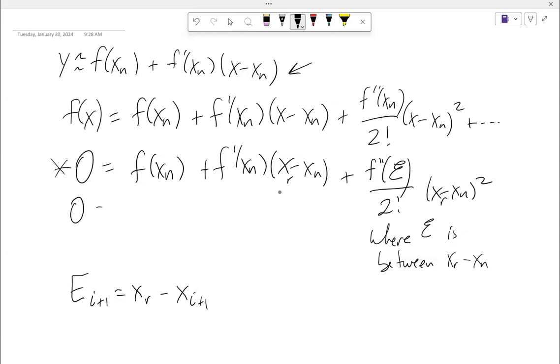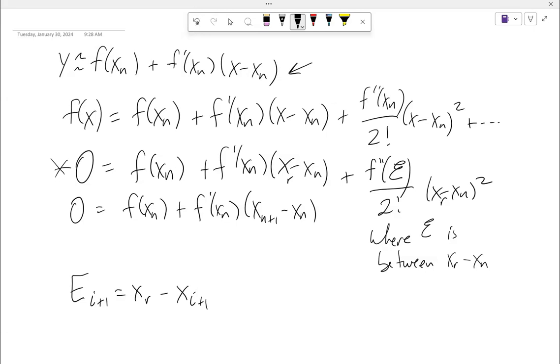We would have 0 equals f of x of n plus f prime of x of n times x of n plus 1 minus x of n. That's just how we got the next approximation, right?